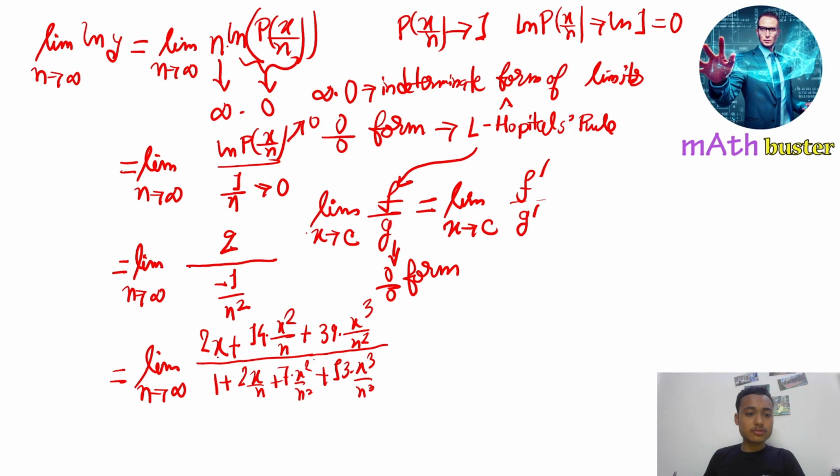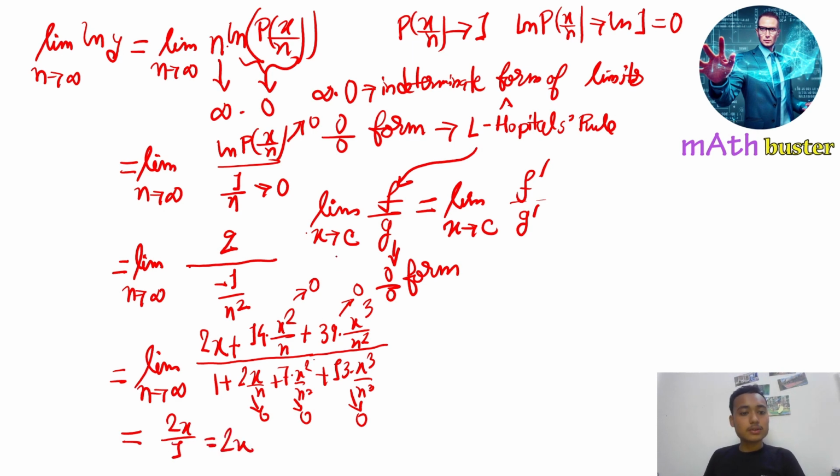As n tends to infinity, the terms having n in the denominator will become 0. So this becomes 0, this becomes 0, this also becomes 0. At the end, we'll get twice x by 1, which is equal to twice x.